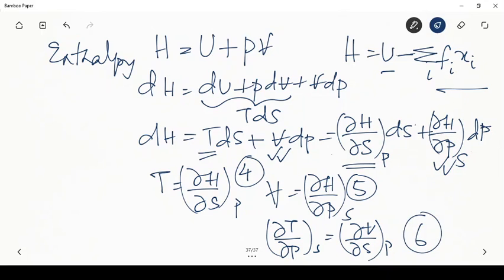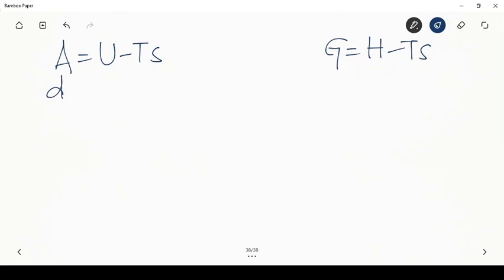Okay, so the same thing can be repeated for two other kinds of energies that are defined. One is A, which is the Helmholtz free energy, defined as U minus TS, and the other is the Gibbs free energy, G, defined as H minus TS. So you get dA is equal to dU minus T dS minus S dT, and dU minus T dS from the original expression is minus P dV.